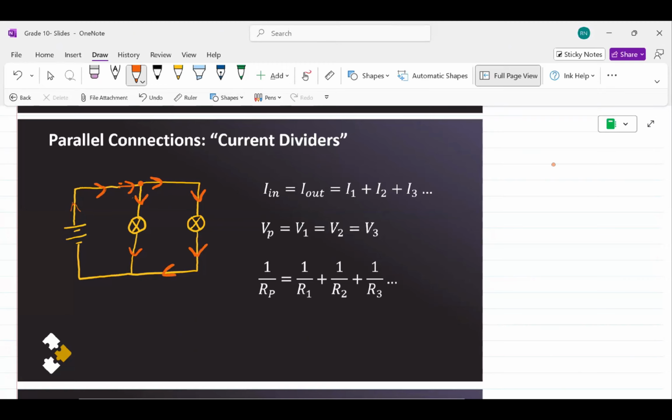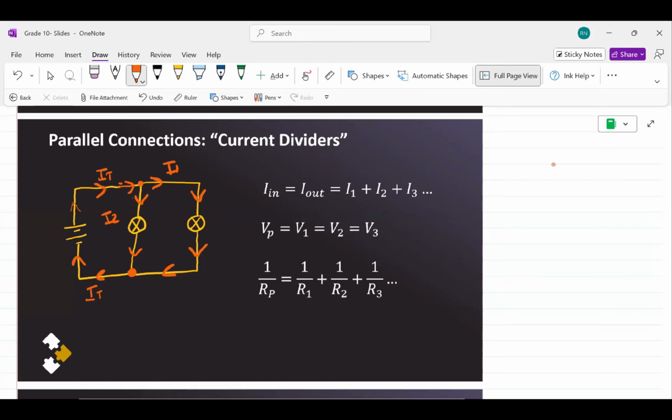And then it loops around, rejoins over here and comes back to this cell. So our current starts off as our current total there, and then it splits into current 1 and current 2 there. And then it regroups again here to give us our current total. So that's how our current is divided.